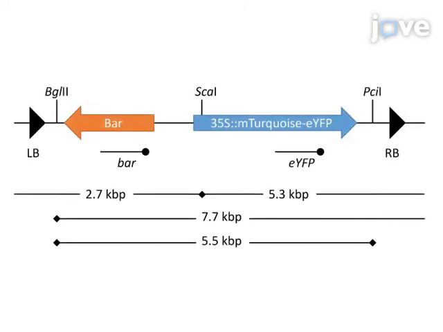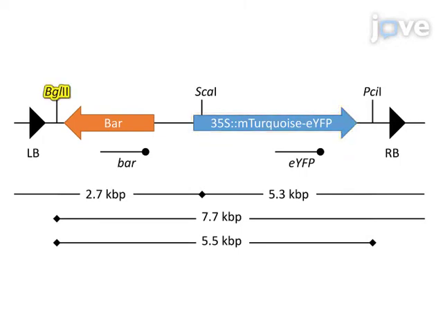The DNA restriction and blotting strategy to determine the number and intactness of the tDNA integrations is shown. The SCA1 restriction site divides the reporter sequence into the left border proximal parts that are detected when using a probe for BAR, and the right border proximal parts that are detected when using a probe for EYFP.